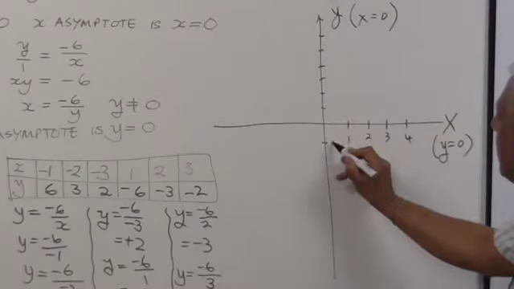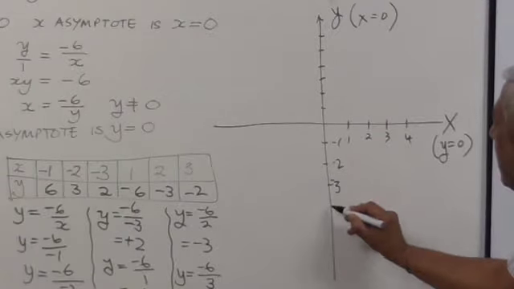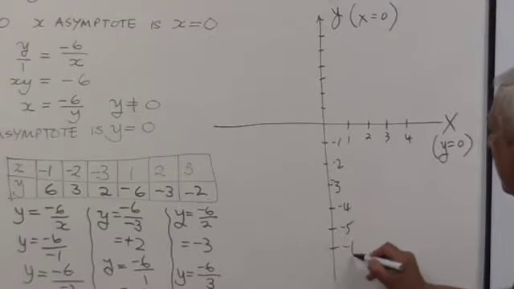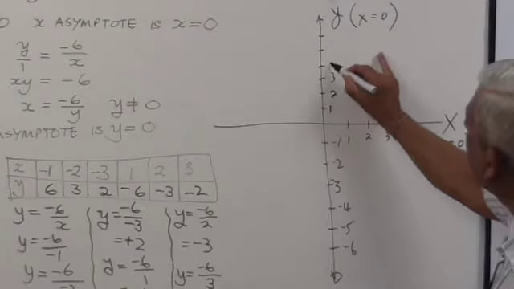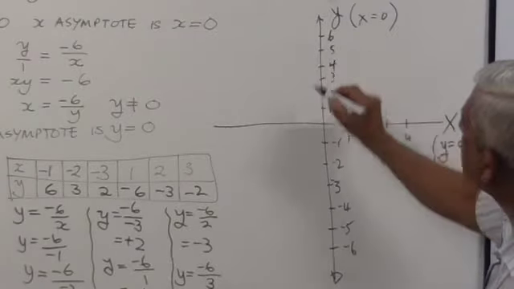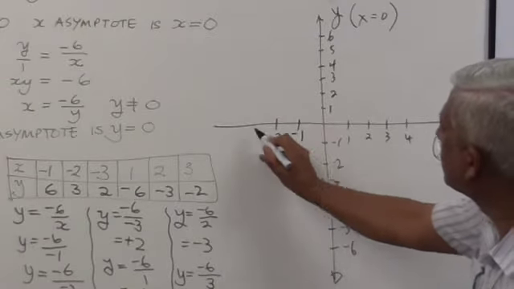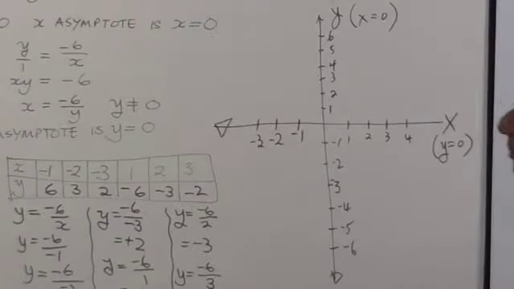And here you need -1, -2, -3, -4, -5, -6, 1, 2, 3, 4, 5, 6, and that's -1, -2, -3.